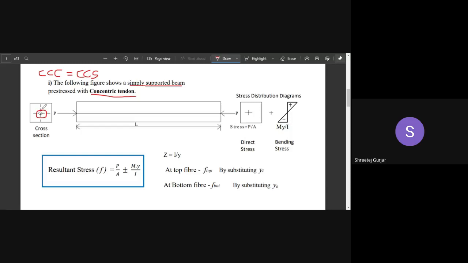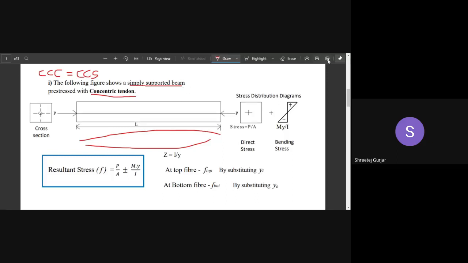Hence your pre-stressing force, this P force, will not generate any moments, and hence this beam, when it is pre-stressed, will neither hog nor sag, because no moments are generated because of this centrally located tendon.